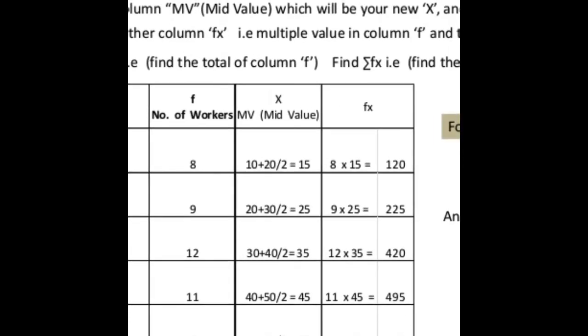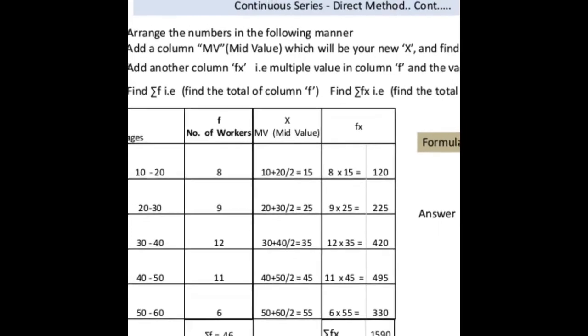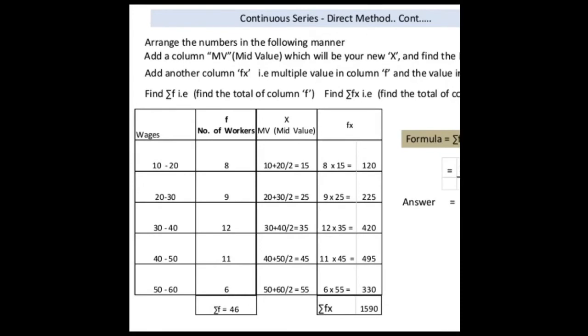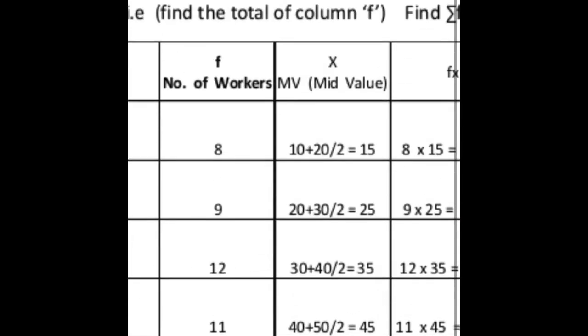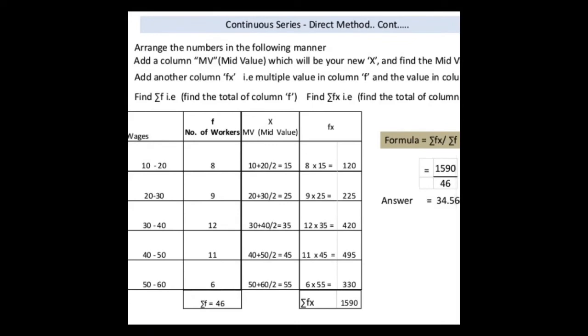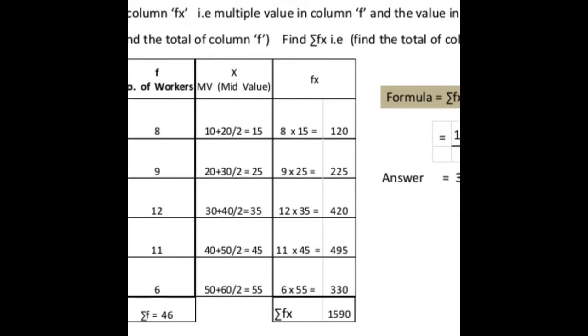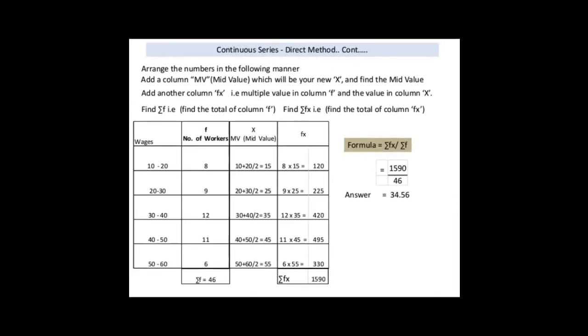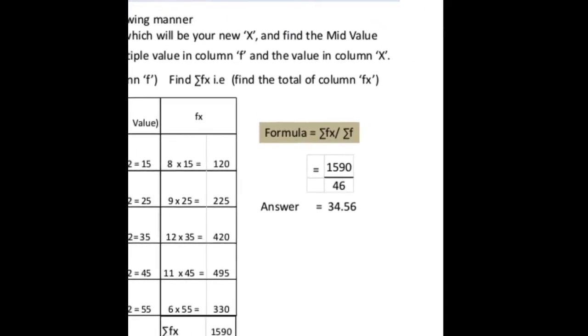So 8 into 15 is 120, that is fx. 9 into 25 is 225. 12 into 35 is 420. 11 into 45 is 495, and 6 into 55 is 330. So the total of the frequencies is 46 and the total of fx is sigma fx, which is 1590. Now we use the following formula.